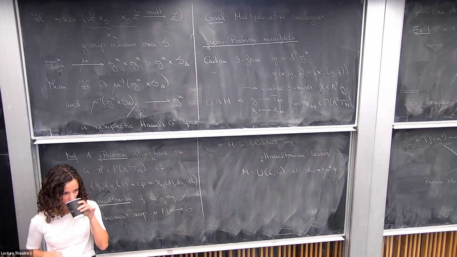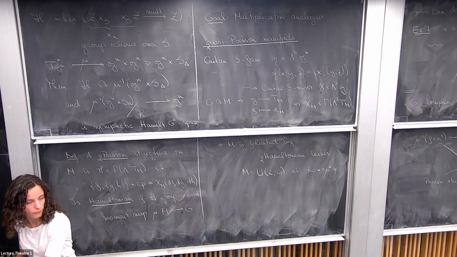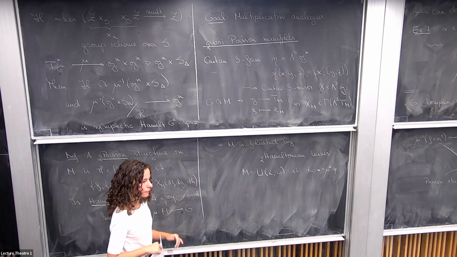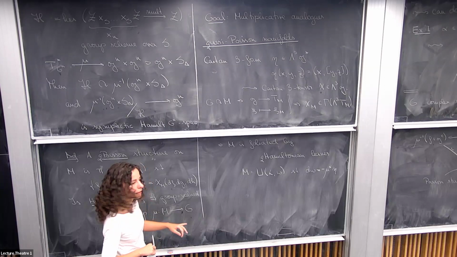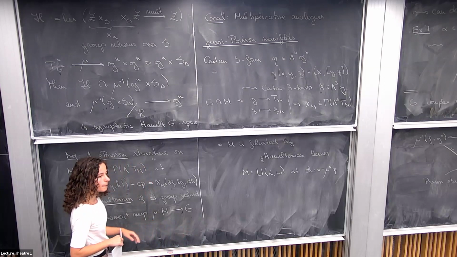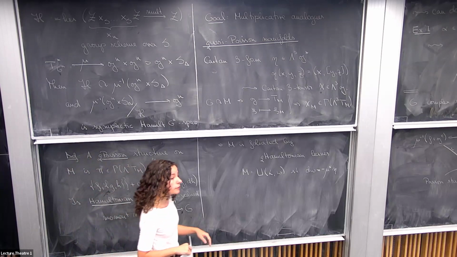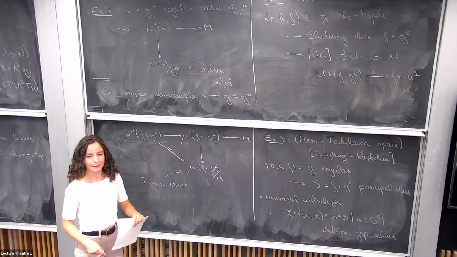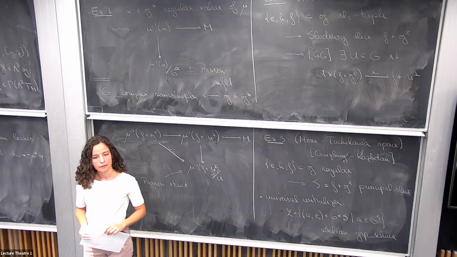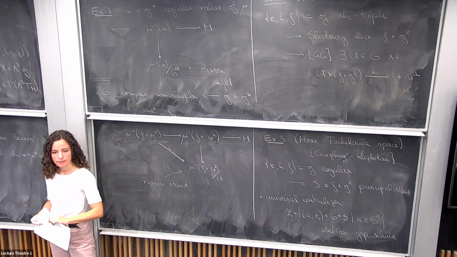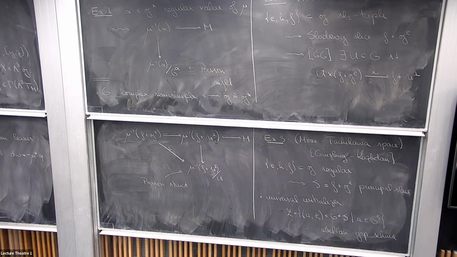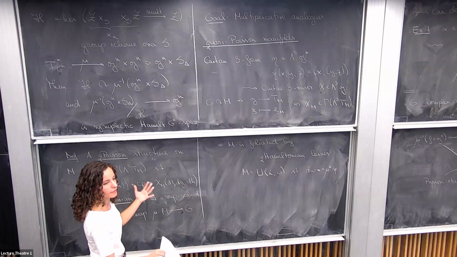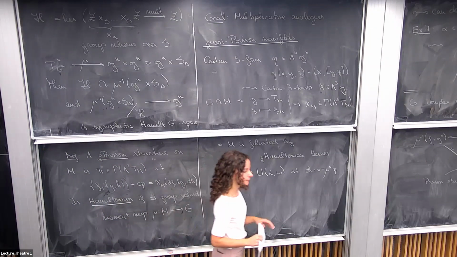So if you just have a quasi-Poisson structure itself, it's not Hamiltonian, then do you still have this? You don't need to have a group valued moment map? No, you do actually. I think there are examples, I wouldn't be able to give you one off the top of my head. If you take the trivial group, then a quasi-Poisson structure is just a Poisson structure, and then you get symplectic leaves.